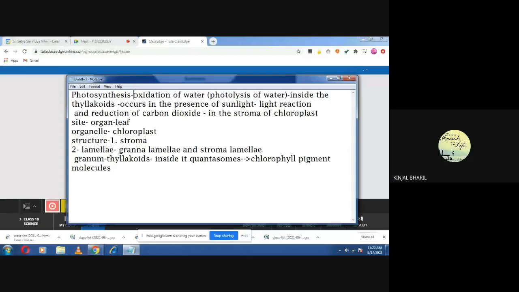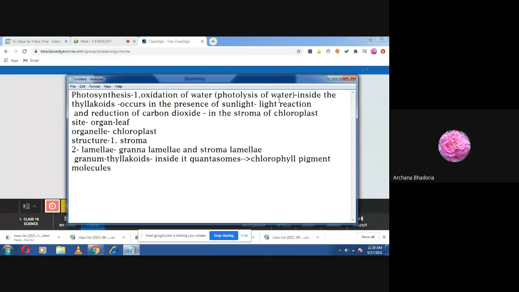Light reaction. So what will happen first in photosynthesis? Oxidation of water. And what is this reaction called? Light reaction. Why do you call it light reaction? Because it occurs in the presence of sunlight.